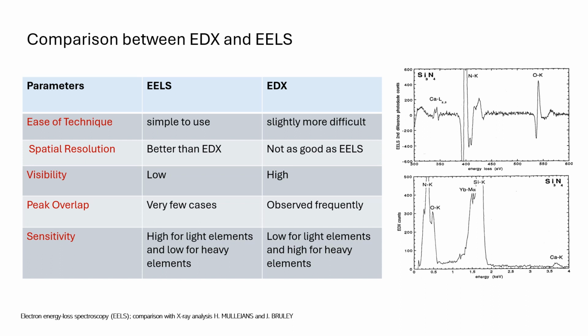The sensitivity of EELS is high for light elements, and EELS is generally used for light elements and low for heavy elements, where EDX is good for heavy elements. So of course, if we like to characterize any heavy elements, we will choose EDX rather than the EELS.